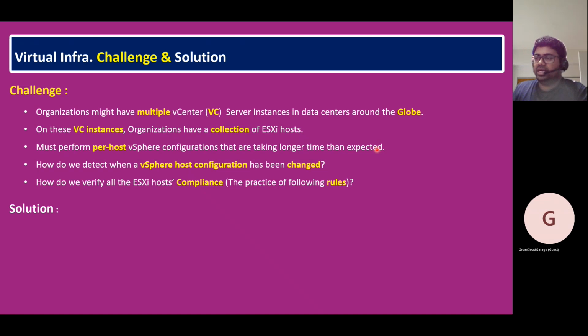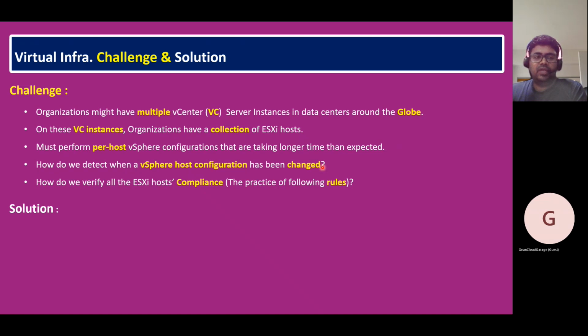And also apart from this challenge, the other challenge is how do we detect when vSphere host configuration has been changed? Let's say if it is a small organization, it's easy to identify when there is any change in an ESXi host. But if your organization is medium scale or large scale, we have minimally hundreds of ESX hosts in our vCenter.